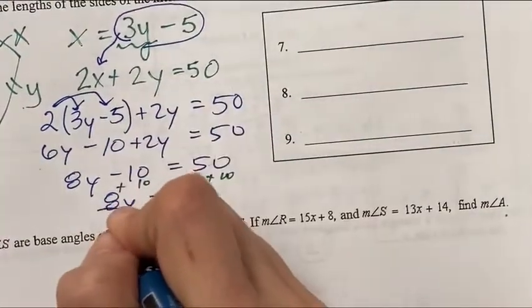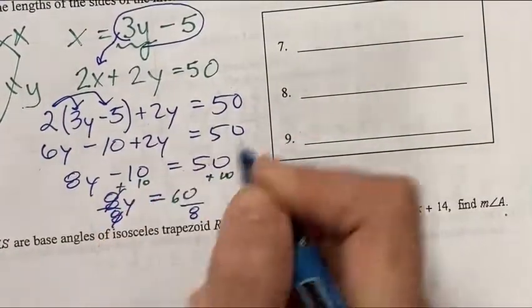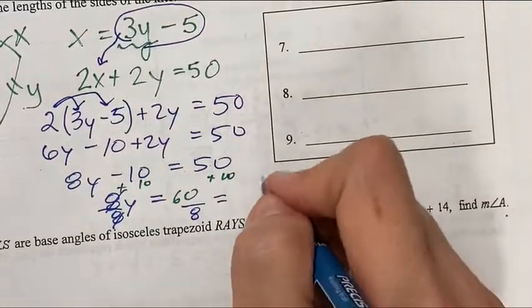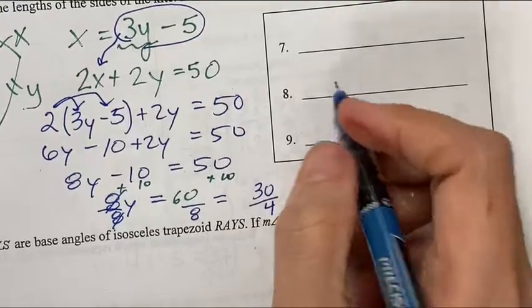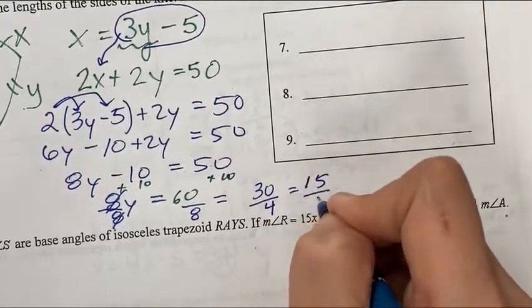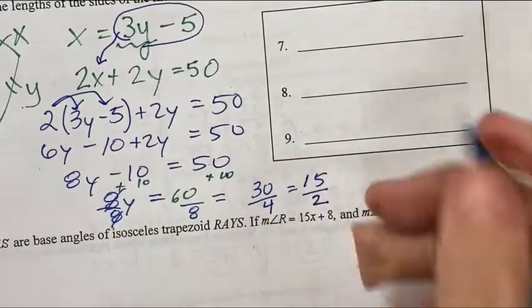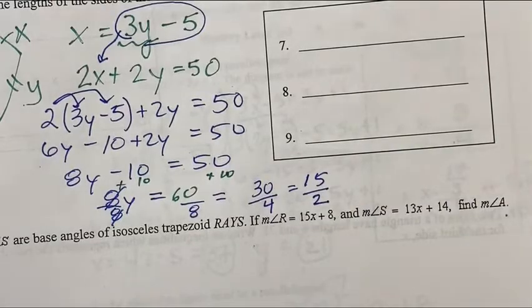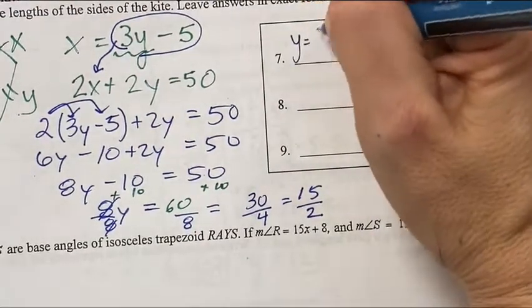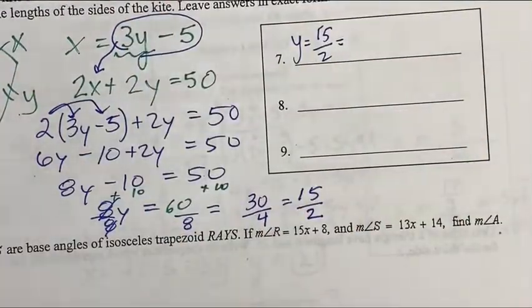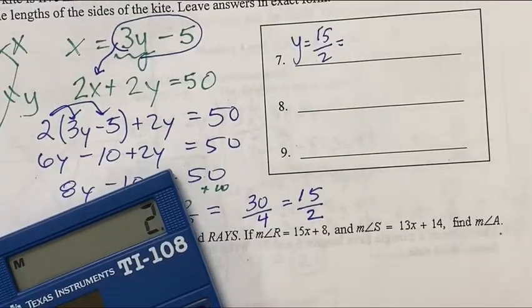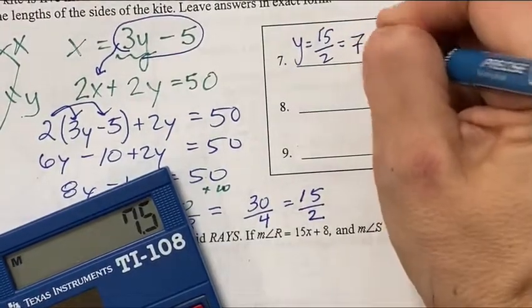So if we divide by 8 on both sides, we get y is equal to 15 halves. Okay. Most kids probably turn this into a decimal, so let's see what that decimal is. 7.5.